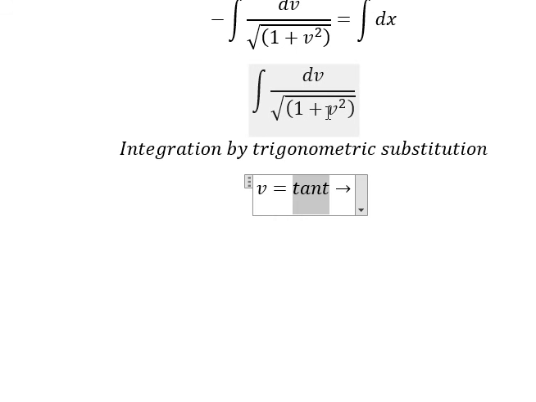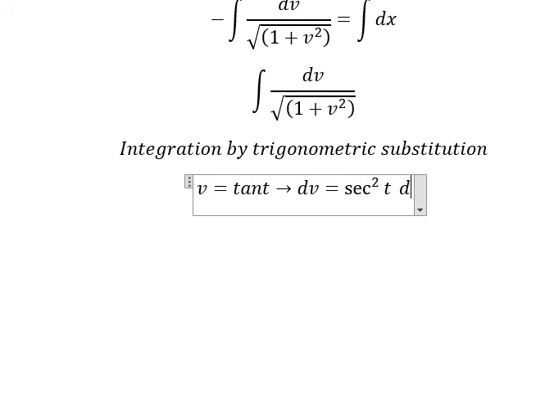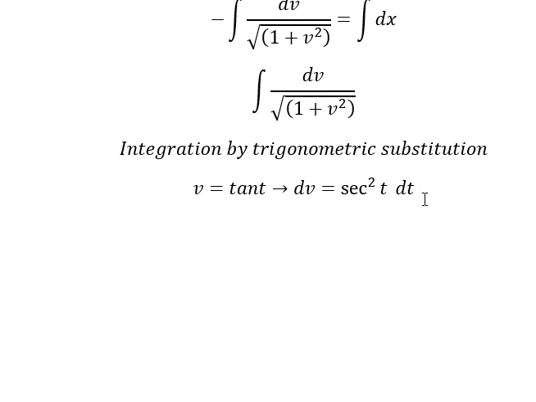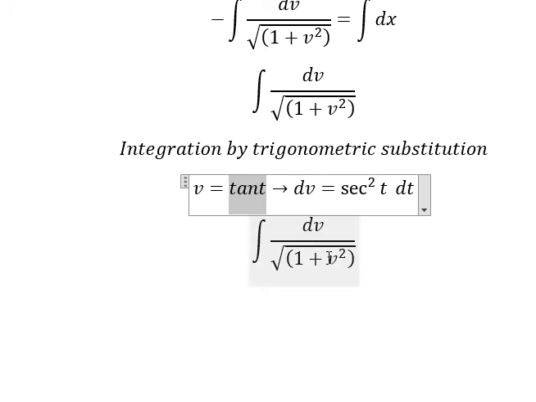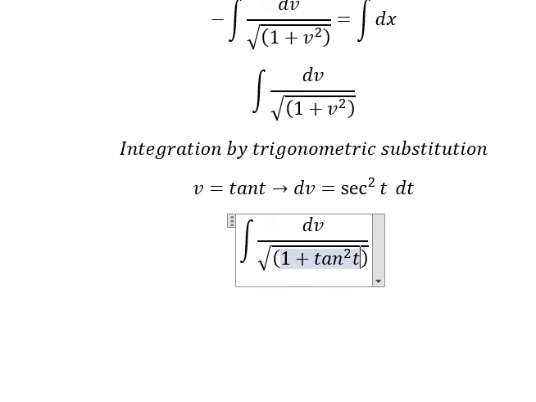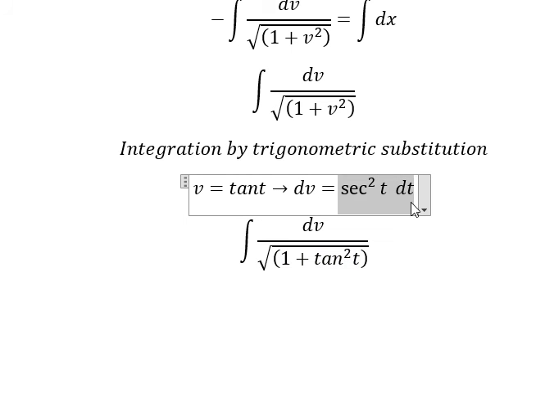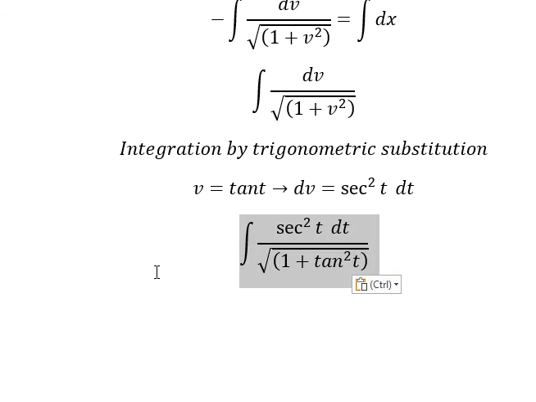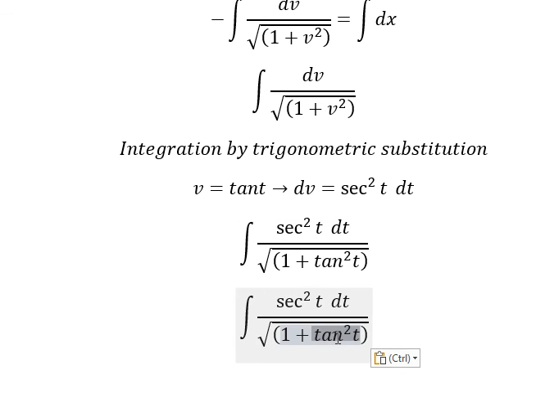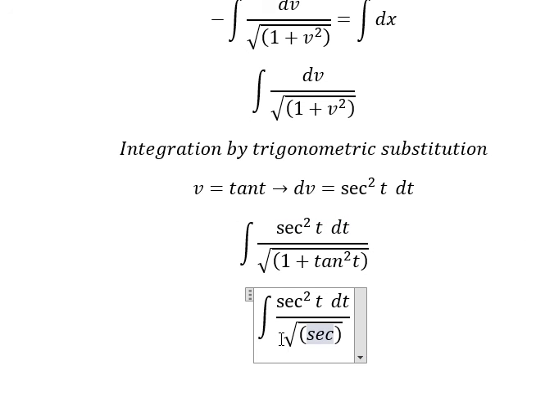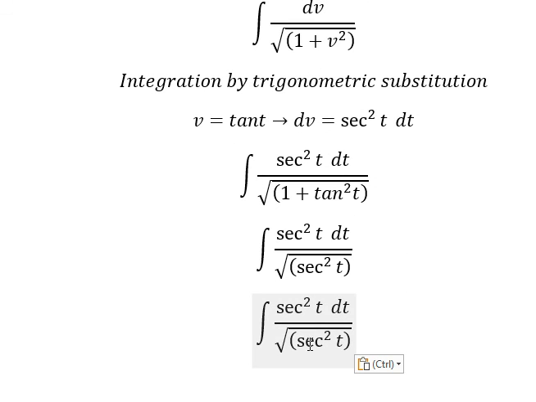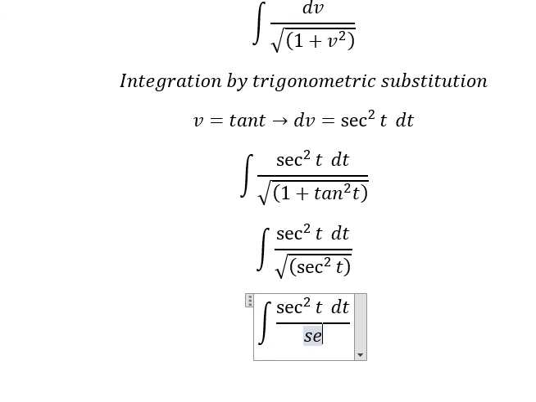We change secant of t squared, and later that we simplify the square root and dv. dv, we have secant of t squared dt. So I will put this one gone here. dv we change by this one. This one we have secant of t squared. The square root of secant of t squared, we have secant of t.